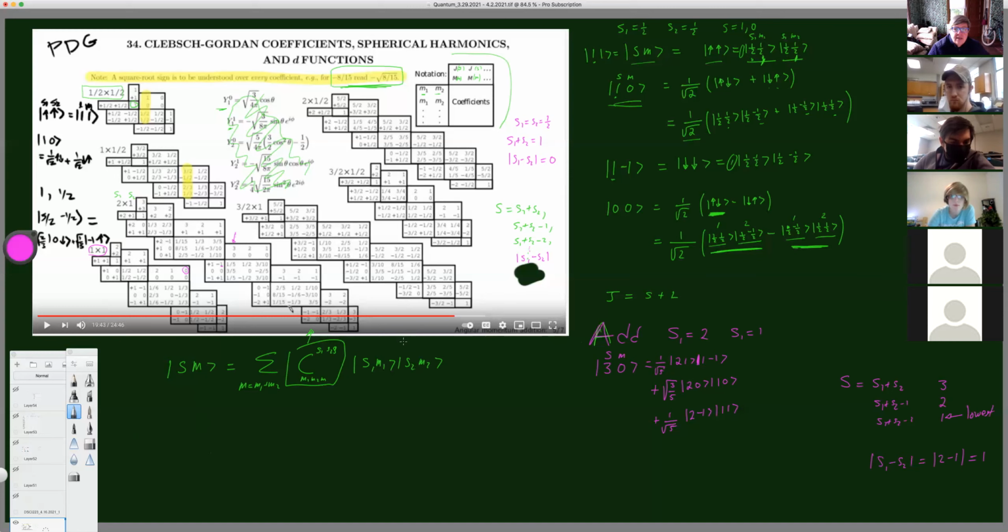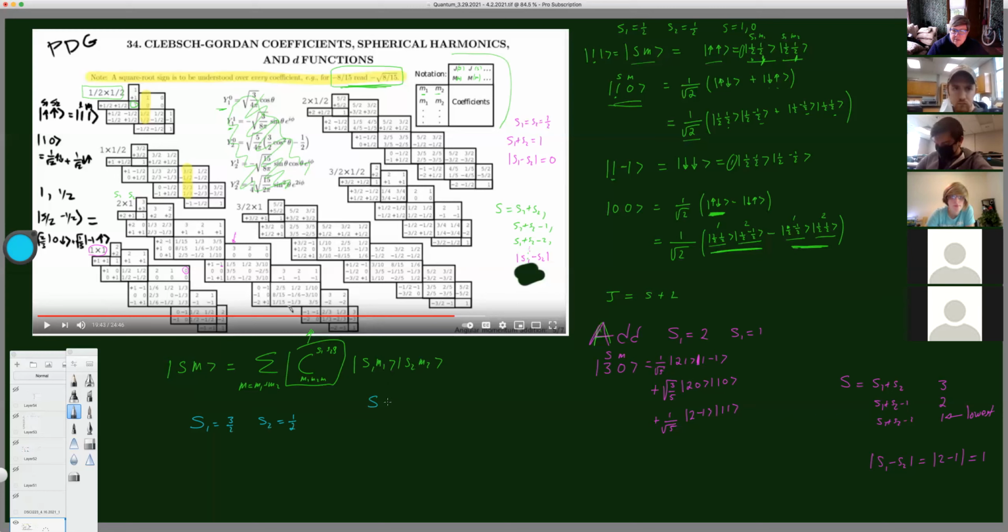Let's take a look at 3/2, 1/2. So we'll say another color here. We'll get S1 equals 3/2 and S2 equals 1/2. First of all, let's figure out what the S's can be.